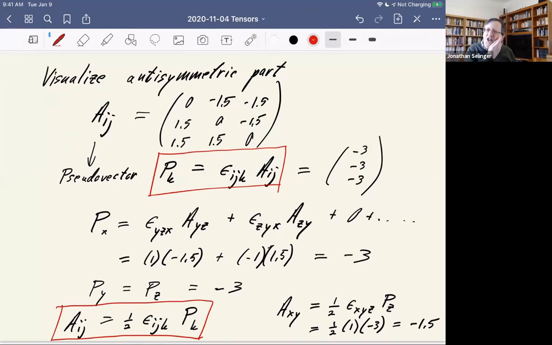Physically, an antisymmetric matrix corresponds to a circulation in a certain plane, like a current loop moving around in a certain plane.